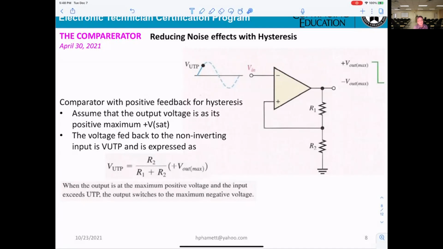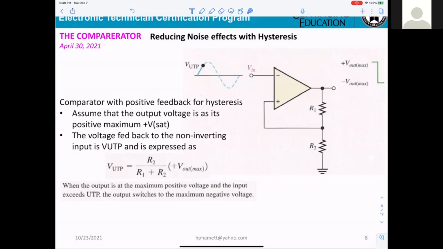The first thing you can see, I can tell you. You think it looks like non-inverting. Is that right? The thing is, we already went through the non-inverting.